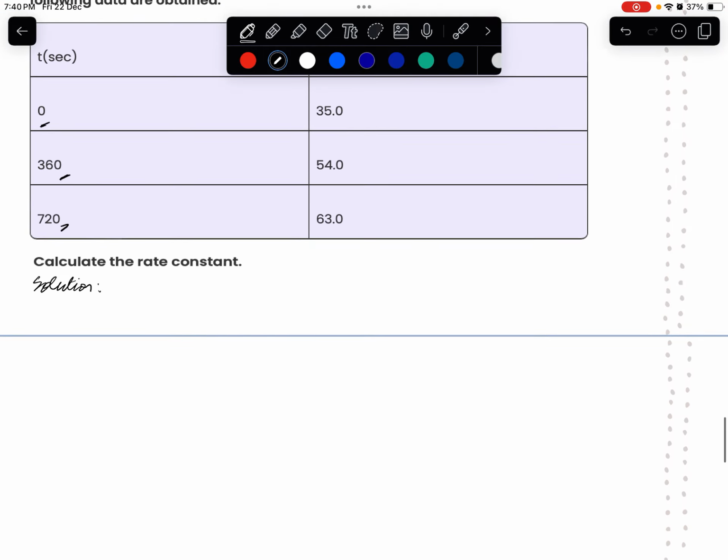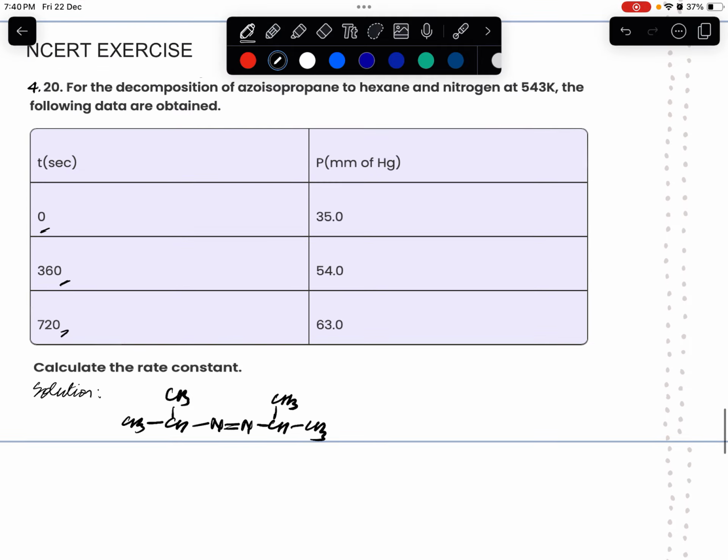So we can write down the equation for how the reaction will take place. Isopropane, you know, propane with 3 carbon atoms, this is CH3, then we have the azo group with double bond N, again we have CH3. This is azoisopropane.